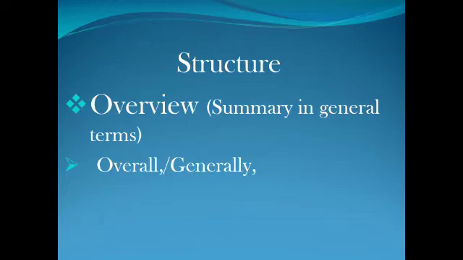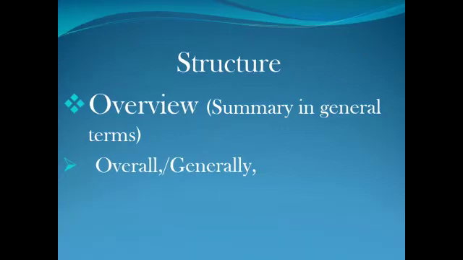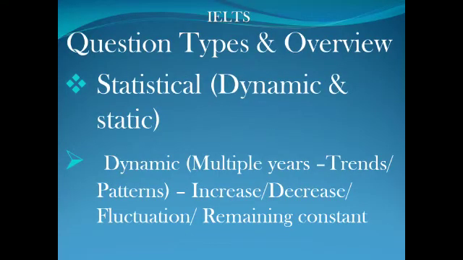You begin that using overall or generally. Once the examiner sees either of these two words, he or she knows that that portion of the essay is the overview. So let's look at how to write the overview for the types of questions that you have in IELTS, as far as the writing task 1 is concerned.